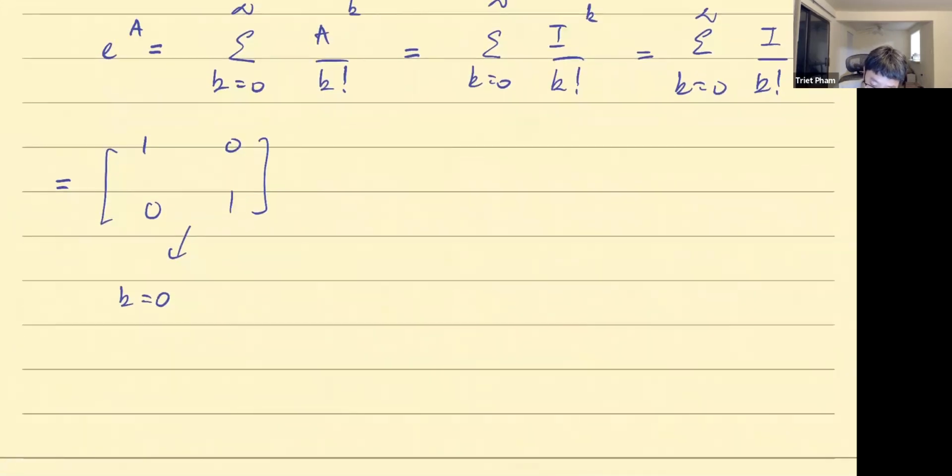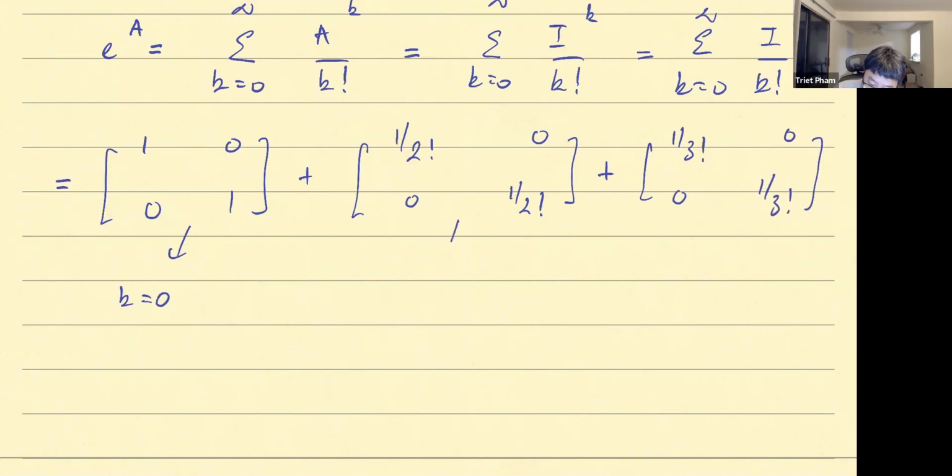Next, you have the term 1 over 2 factorial. Then you have 1 over 3 factorial. Sorry, I missed one. 1 factorial. I missed that. So let me change this.